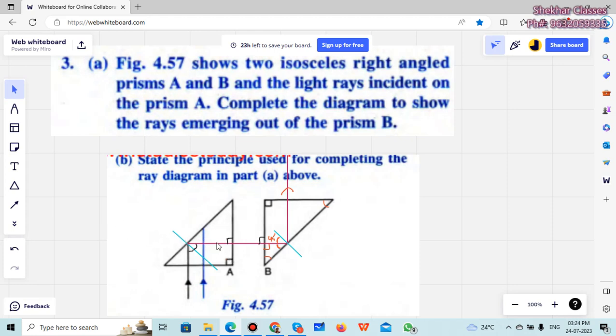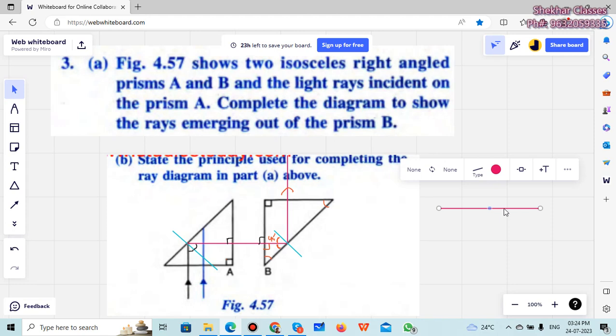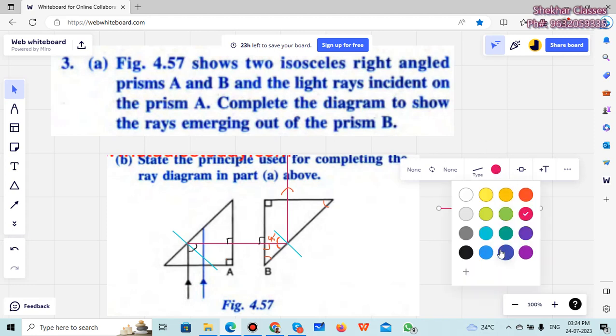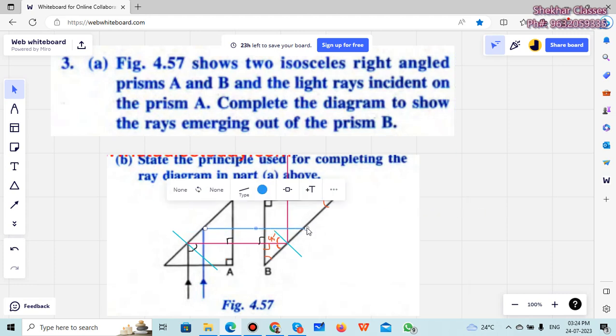So what we have to do is draw a line here. So make it blue, fine, and put it here like this, and then I have to draw another one.